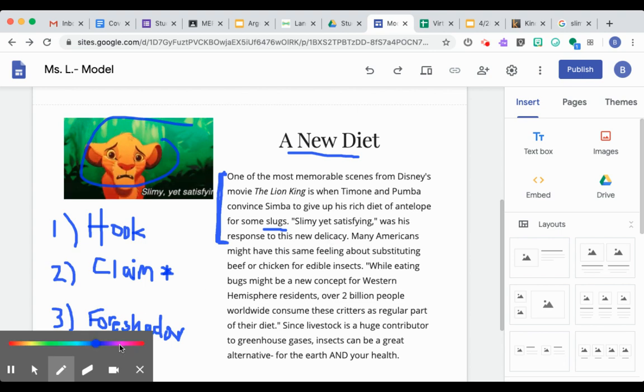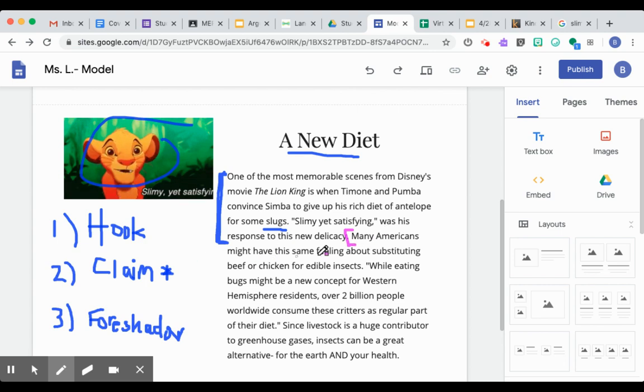So now I'm getting into my claim. Many Americans might have this same feeling, connecting to what I just said about what Simba was being asked to do. Many Americans might have the same feeling about substituting beef or chicken for edible insects. So now my readers know for sure that edible insects are probably going to be something they read about here.